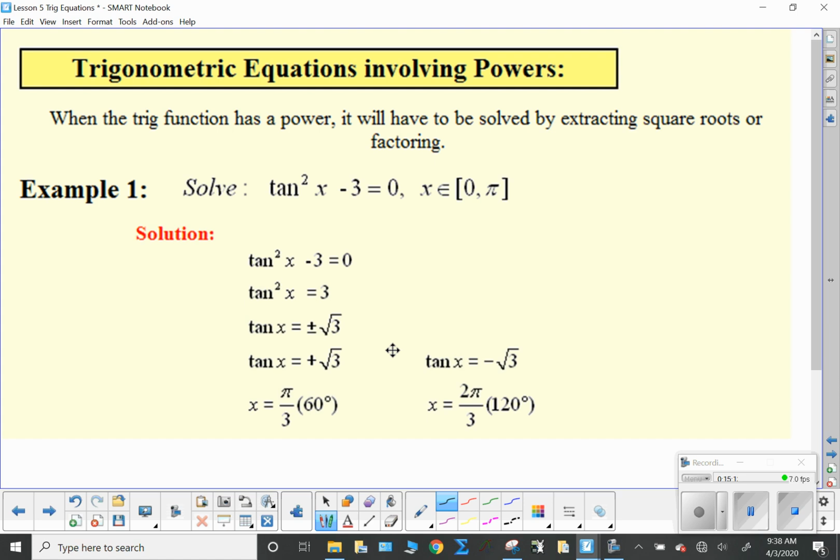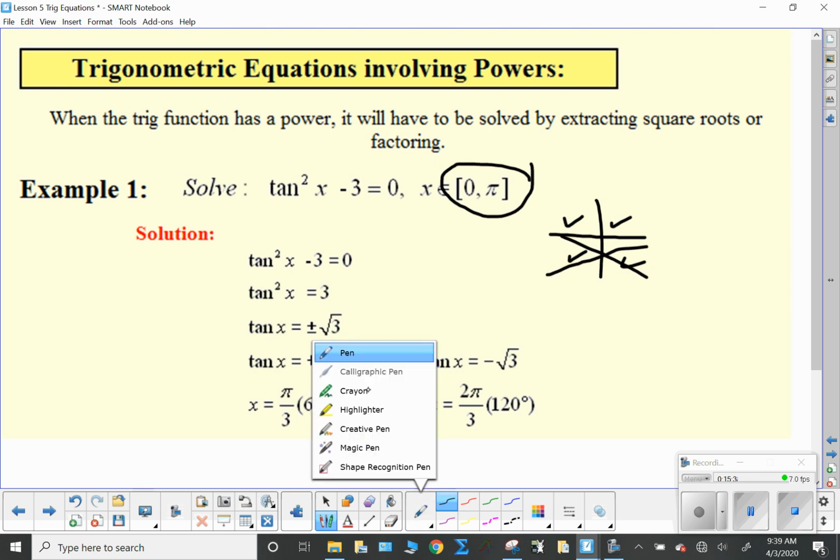Well, what I have to figure out is, this means I want all 4 quadrants, except that this says I don't want these 2 quadrants.